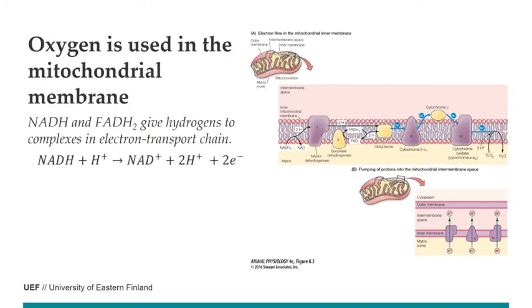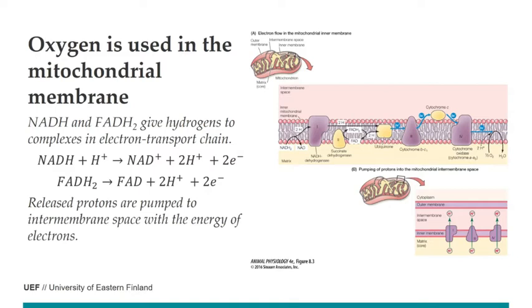The NADH is converted to NAD, and at the same time it releases electrons, as FADH2 is converted to FAD and releases electrons. So it is releasing protons and electrons. And these protons are pumped into the intermembrane space with the energy of these electrons.